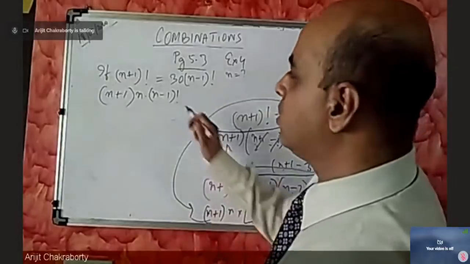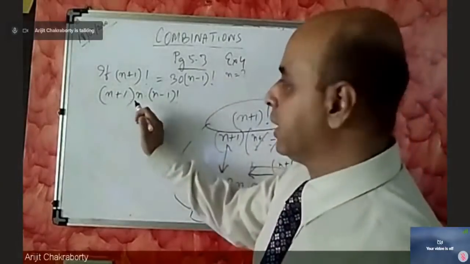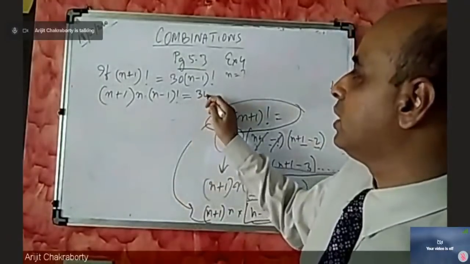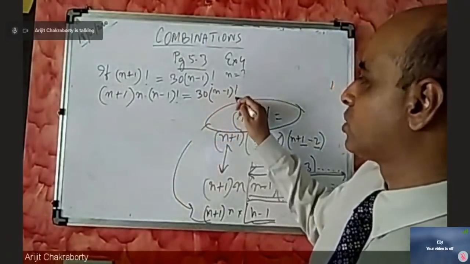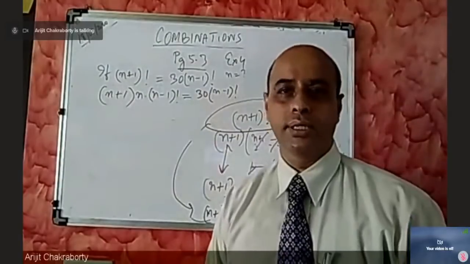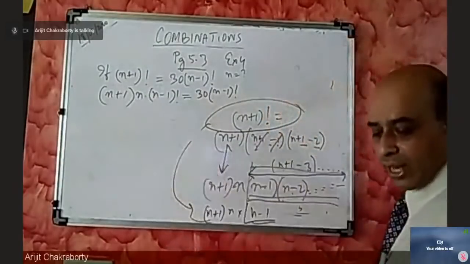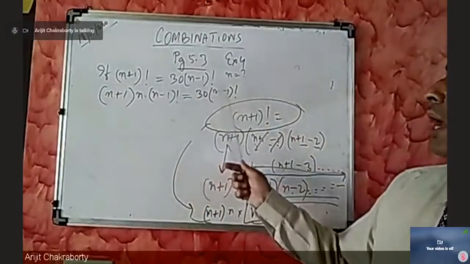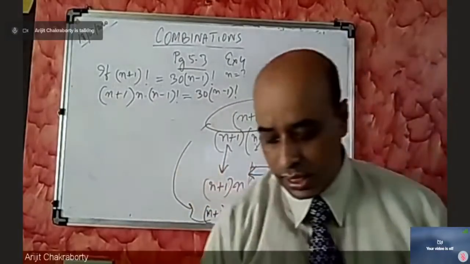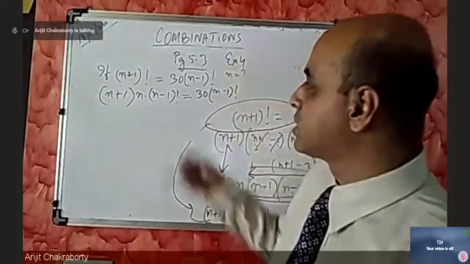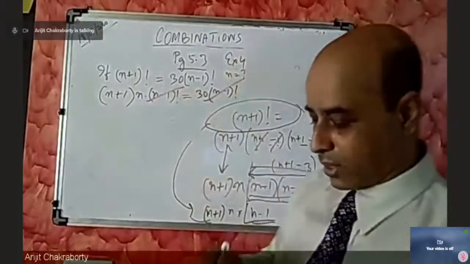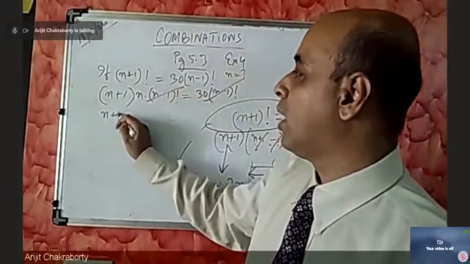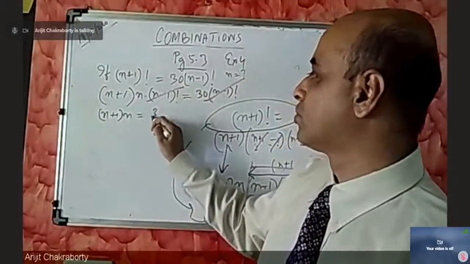So I have written n plus 1 into n minus 1 factorial is equal to 30 into n minus 1 factorial. From here you can see on the left hand side we have n minus 1 factorial, and here also n minus 1 factorial. So on both sides we cancel n minus 1 factorial, and therefore we are left with n plus 1 into n is equal to 30.